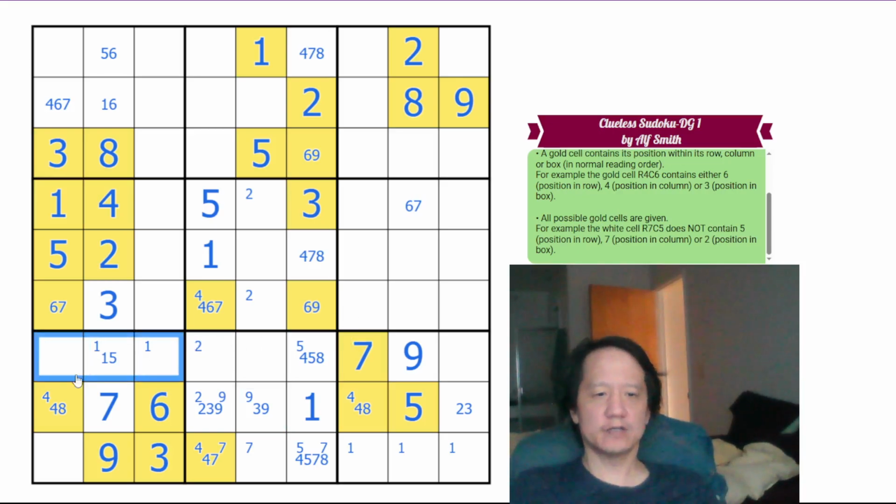Remaining digits in box 7 are 1, 2, 4, 5, and 8.